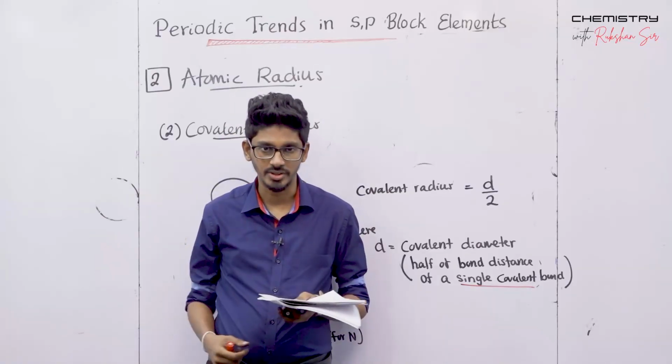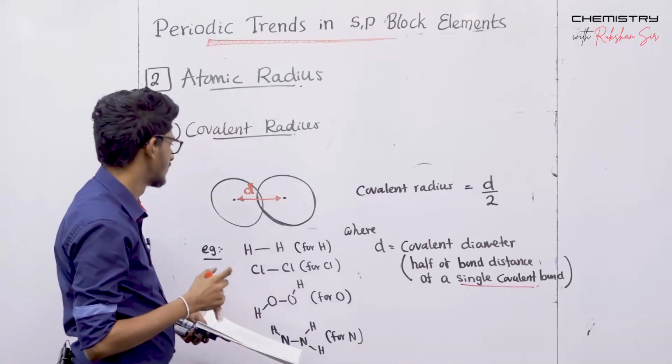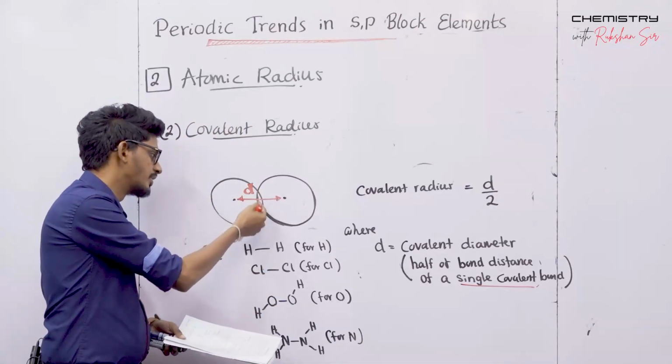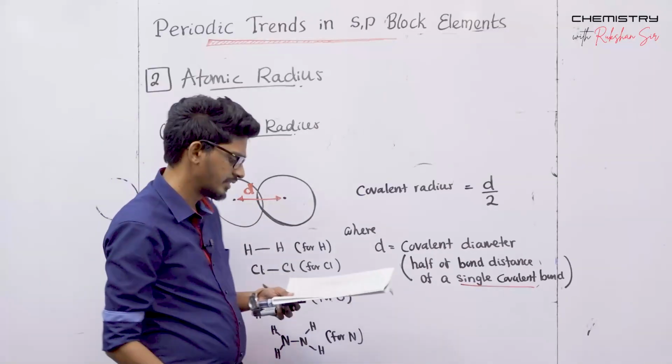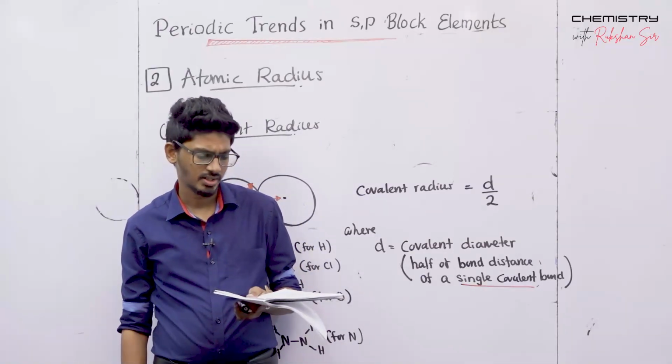I have already discussed that thing, right? So this is smaller than that. This is more than that, because of this overlap, right? So the bonding atomic radius, the covalent radius, is smaller than the non-bonding atomic radius, right?